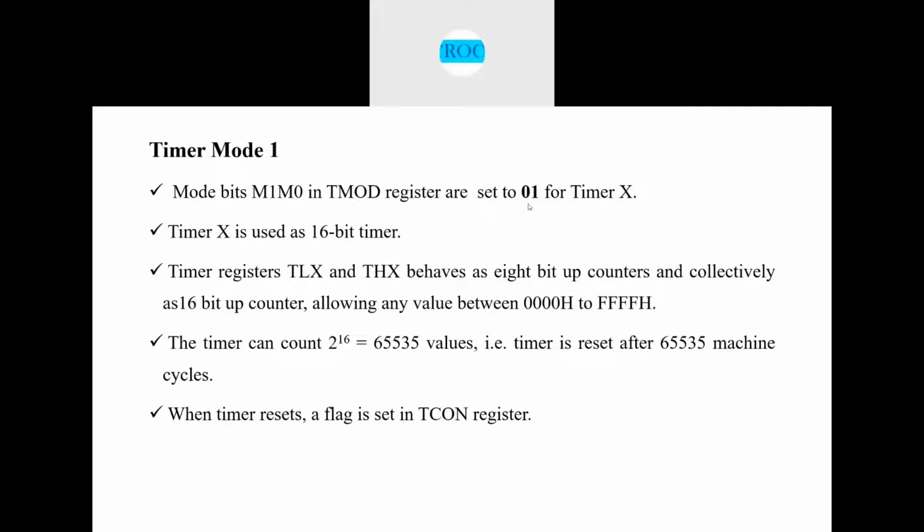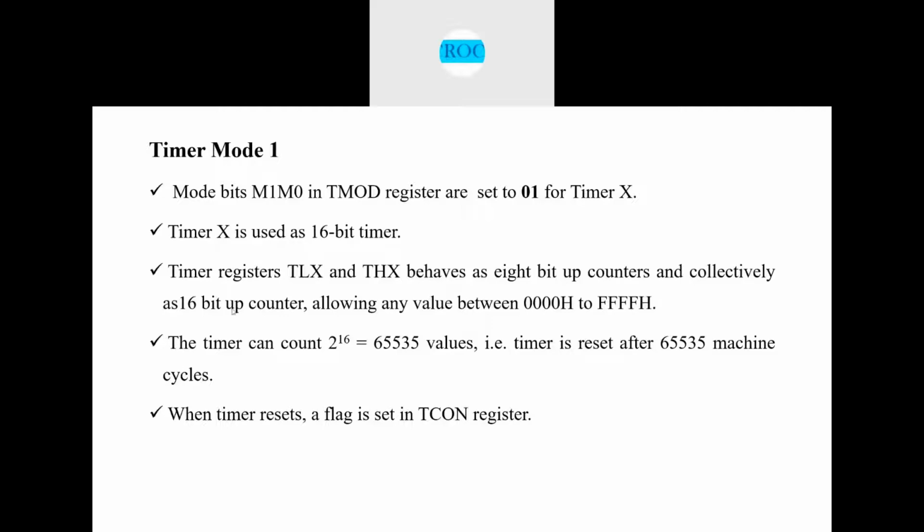The mode bits should be 0 1. Here timer 0 or timer 1 is used as a 16-bit timer. All the 16 bits are used to count the number of machine cycles.